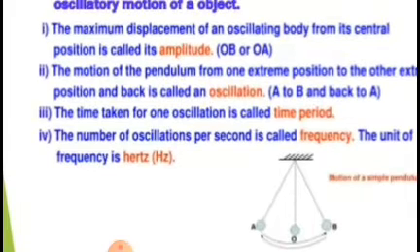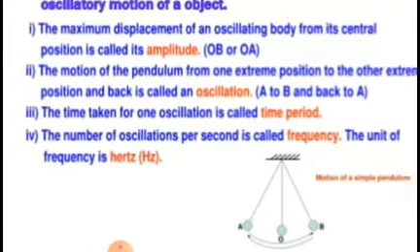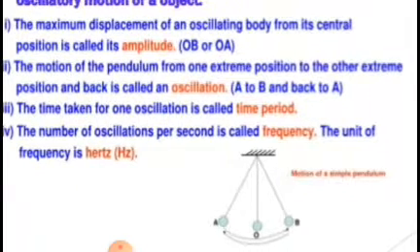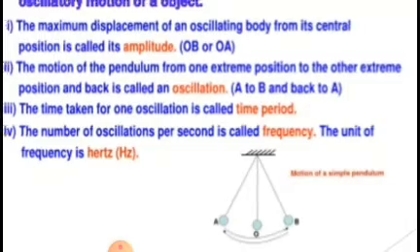So the motion of the pendulum from one extreme position to the other extreme position and then back is known as one oscillation. So time taken for one oscillation is called as a time period. So number of oscillations per second is called as a frequency.